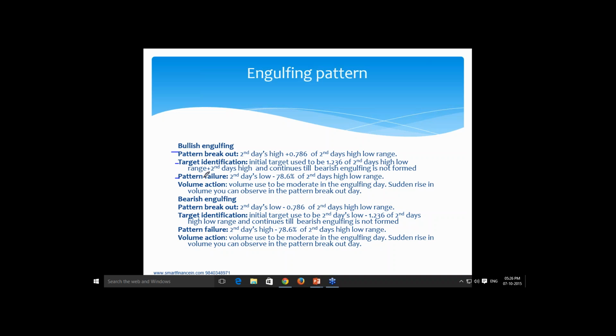Once it gives you a breakout, that breakout action may cause some other patterns or candles to form. But once it gives a breakout, only then can you have some expectation of a move. Once this target is reached, and here is another beautiful thing about this pattern study of candles, suppose this is the ultimate target we are giving, the 1.236 retracement. Whether from there another bearish engulfing will start or prices will fall after reaching that, may not be.